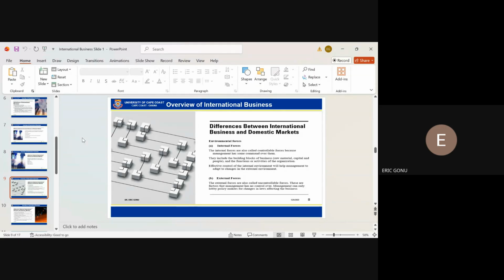You don't have control. So when government increases it, every company is supposed to pay on a daily basis, let's say 100 Ghana cedis. It's something that relates to labor. You don't have control over it. You can only lobby so the government will not increase it up to 100 Ghana cedis. So that's why they added labor as a component. But it depends on where you stand and how you explain the dimensions, that will make it either an internal force or an external force.